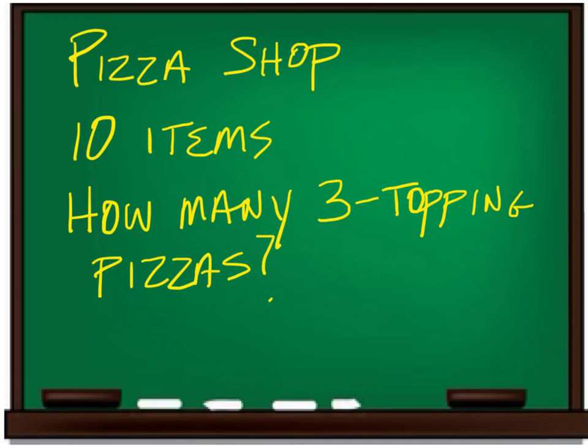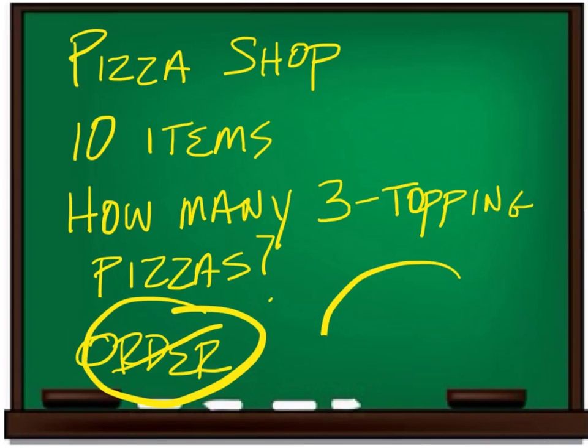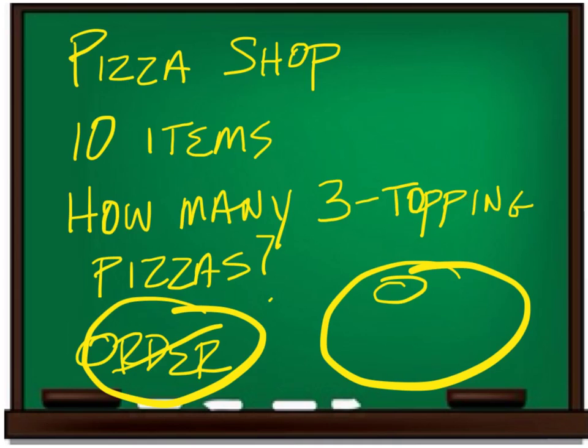And here's when you're dealing with combinations, order is not important. If I put pepperoni on first and then peppers next, it's the same thing as putting peppers on first and pepperoni next. It's not something different.